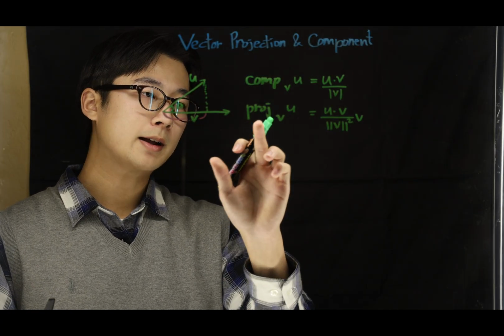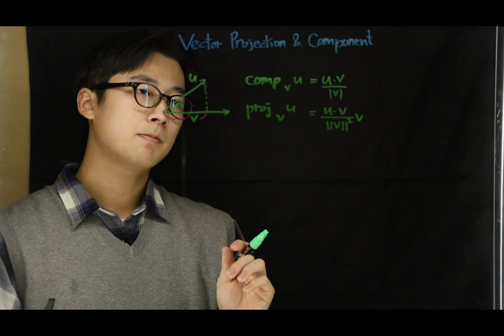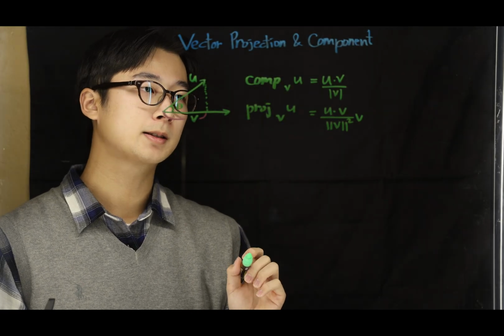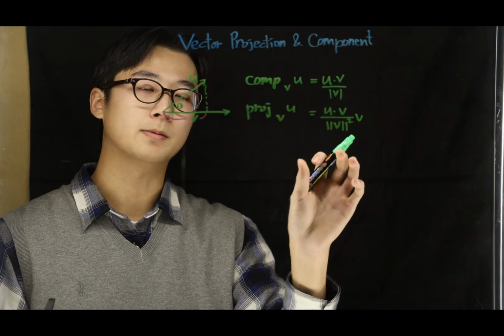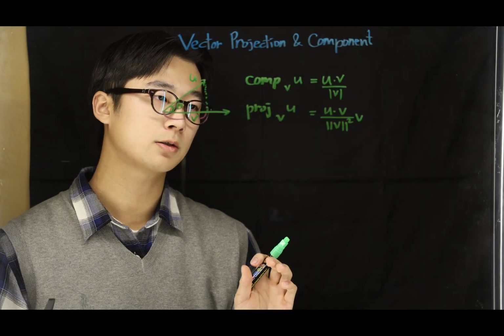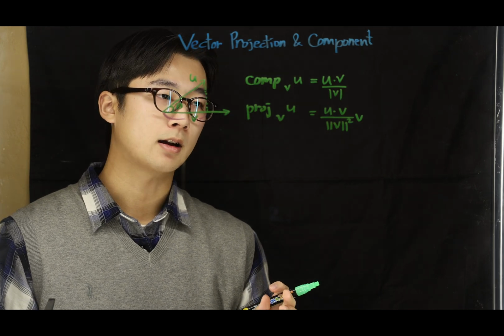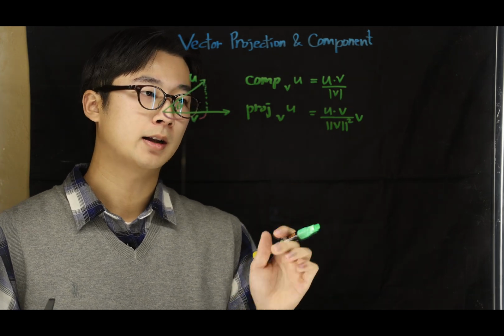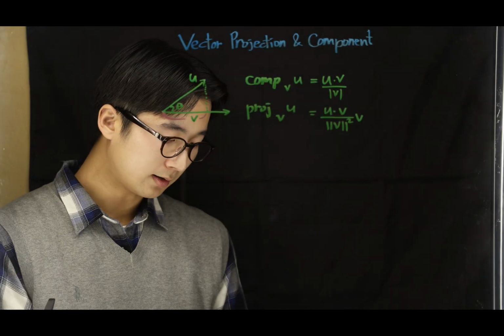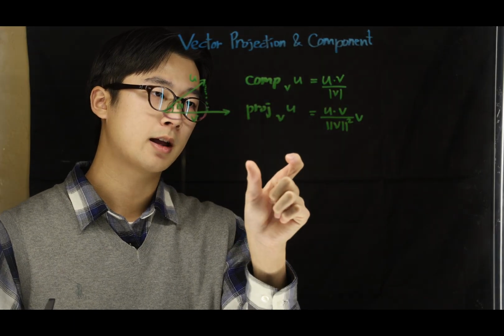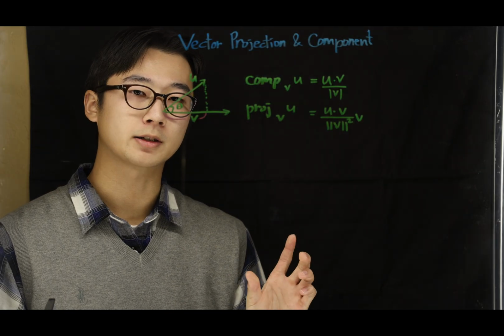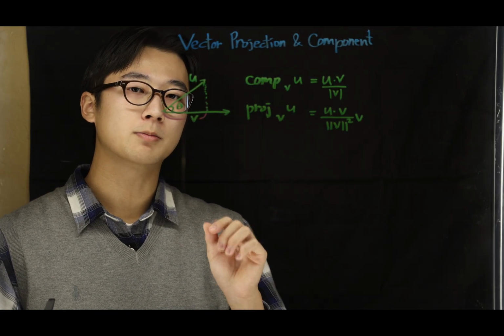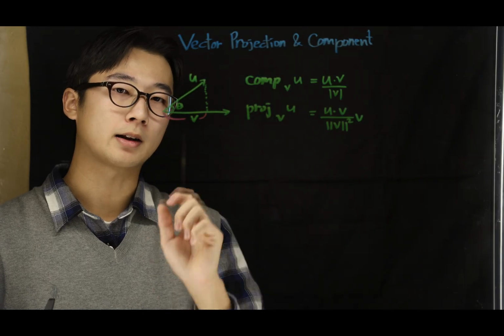So by the definition, this is the vector component and vector projection. We can also derive this projection. For the component, you can kind of see how we get this, but seeing only the formula of the projection, it's kind of hard to understand how we get it. So to get the projection, because it gives the direction and the magnitude, we need to multiply the direction, the vector, and the magnitude.